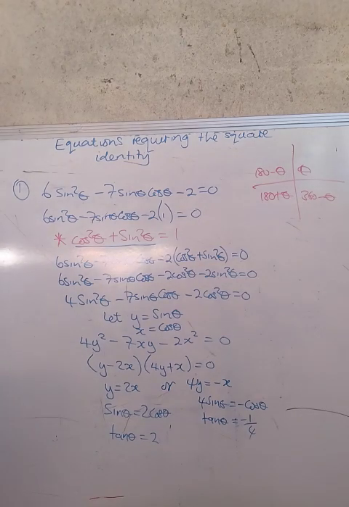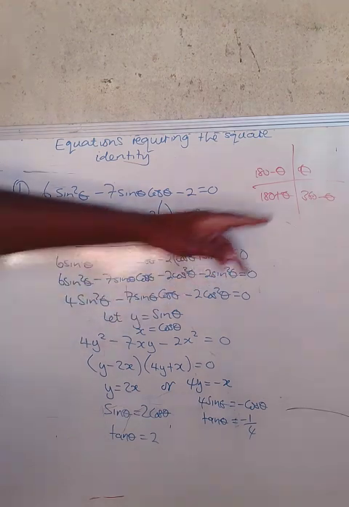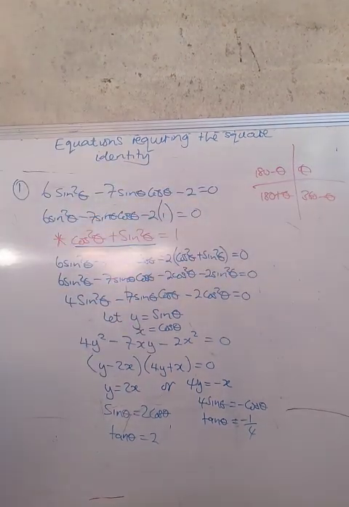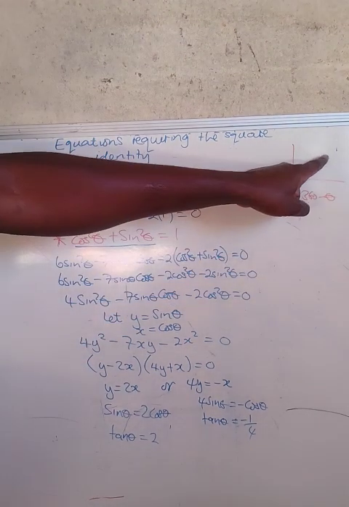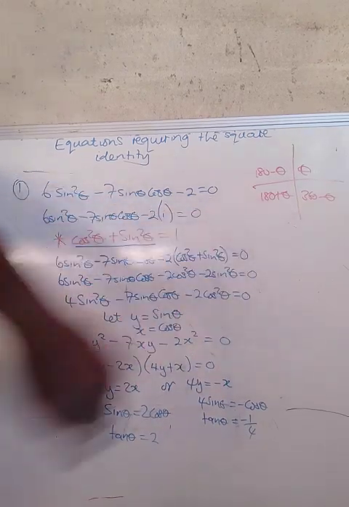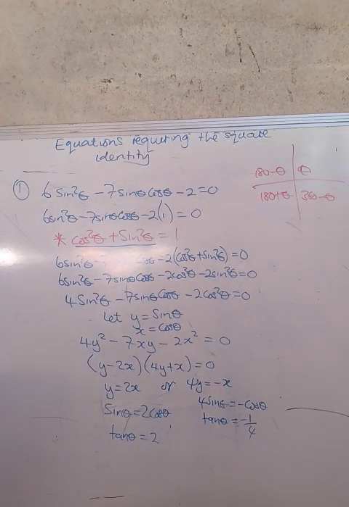Since the period of the graph of tan is 180 degrees, we can just use the solutions in the first quadrant, since tan is positive in the first and the third quadrant.